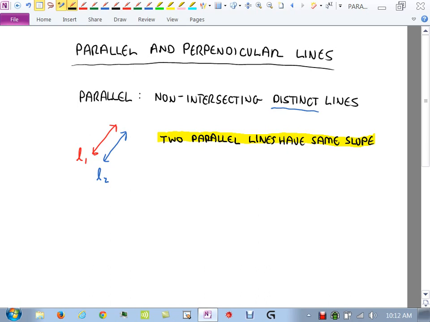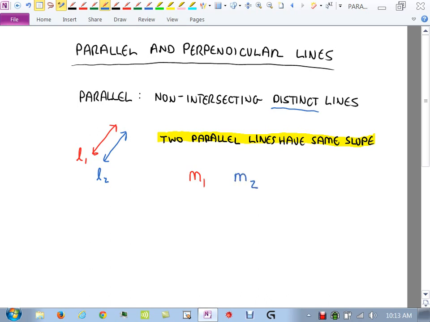So let's say that I gave you 2 points on that red line and said, hey, go find the slope. You could do it, right? And let's say you found it to be M1. We'll call it M1 because it's the slope of the first line. And then I said, hey, here's 2 points on that blue line, and then I asked you to compute the slope. You could find that, couldn't you? And let's say we call it M2.